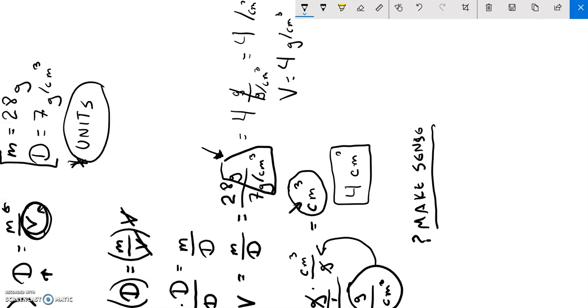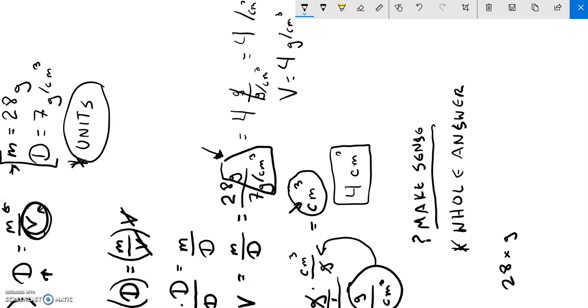Second, remember that the units apply to your whole answer, including any variables that might appear in your solution. So let's look at our original problem again and pretend that instead of our mass being 28 grams, our mass was 28x grams, where x is just some number.